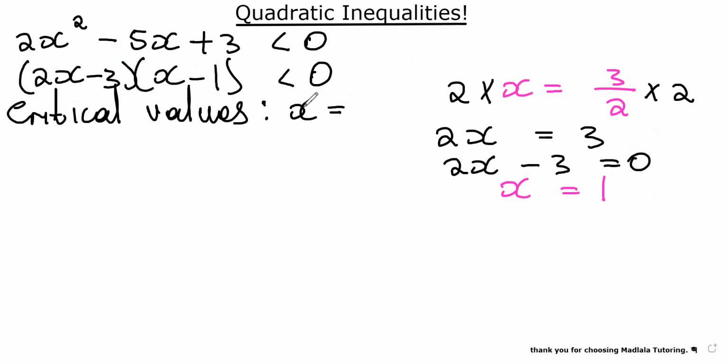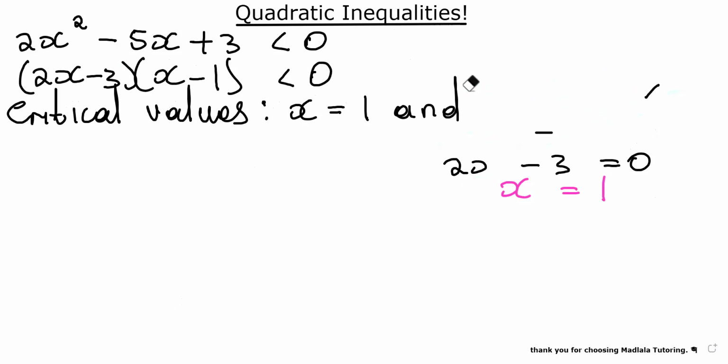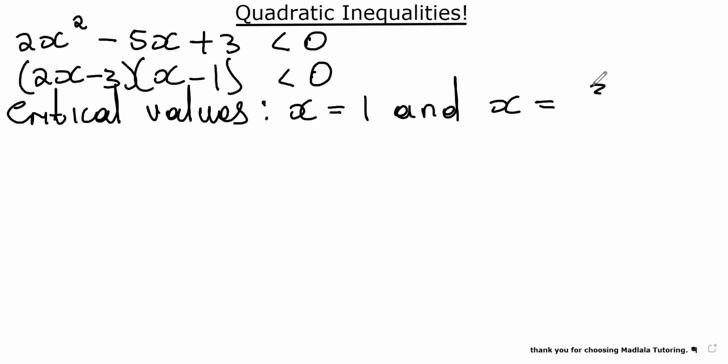So you'll begin with the smaller one, which is 1. And what is the bigger one? Well, the bigger one will simply be 1.5, 3 over 2.